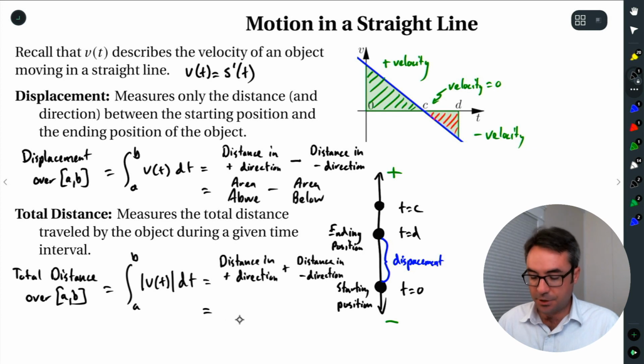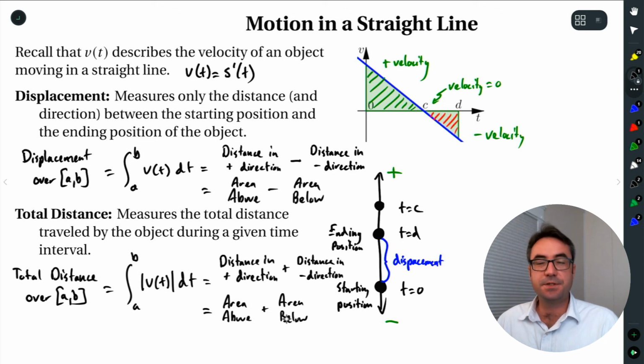So in terms of the region under the graph, it would be the area of this region plus the area for this region. It would be the area above plus the area below. This is the same thing we were talking about with area calculations.